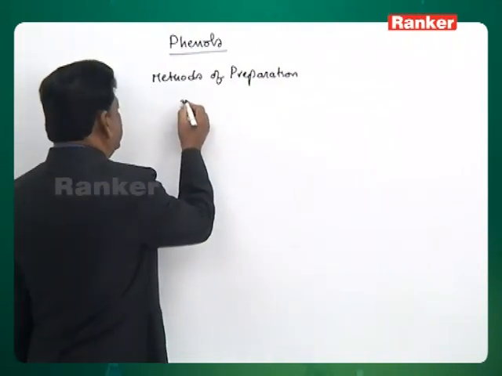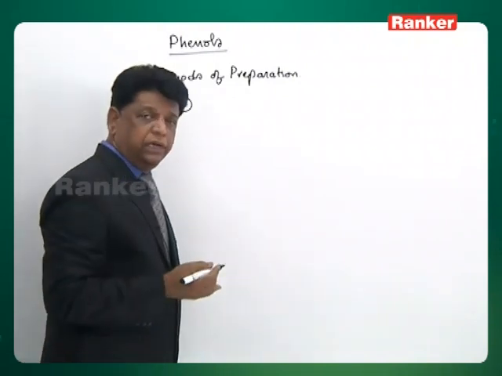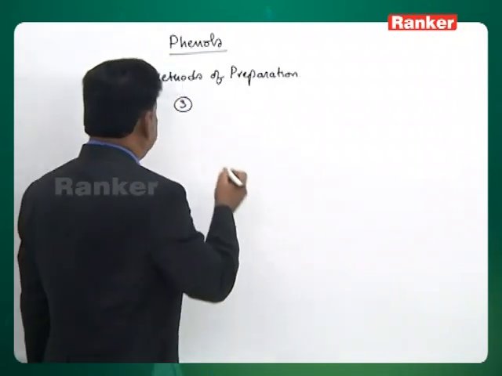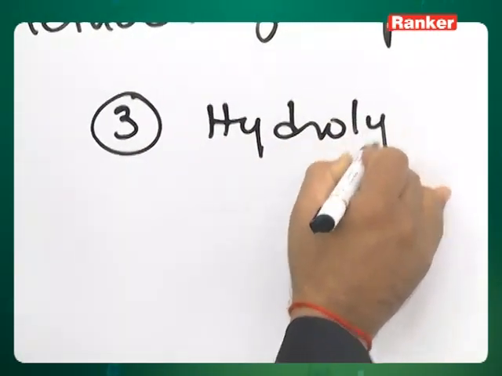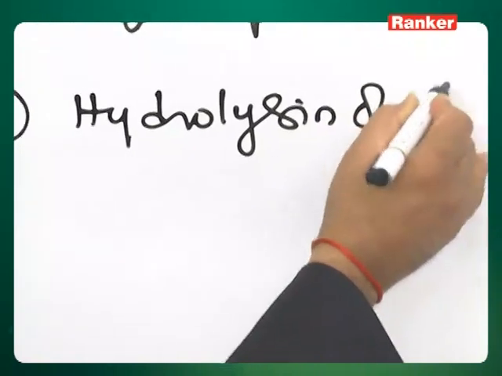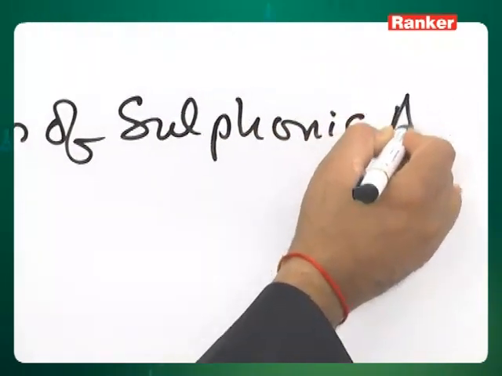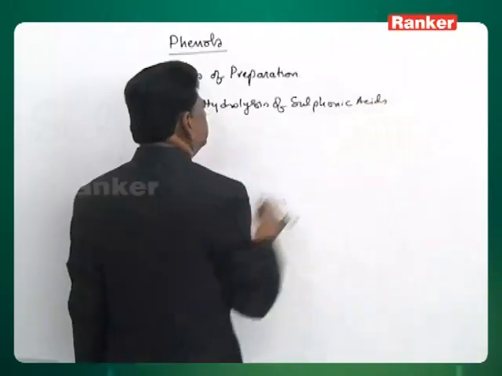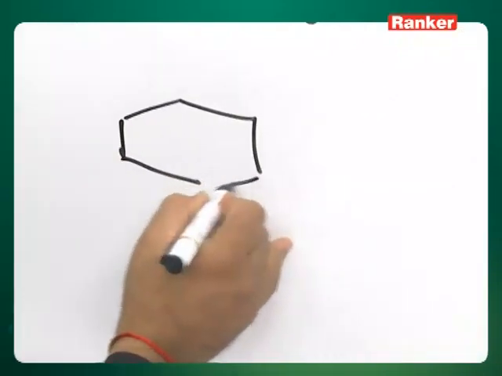You can go for another commercially feasible method through sulfonation and hydrolysis of sulfonic acid. Sulfonic acids can be prepared from the sulfonation of benzene.